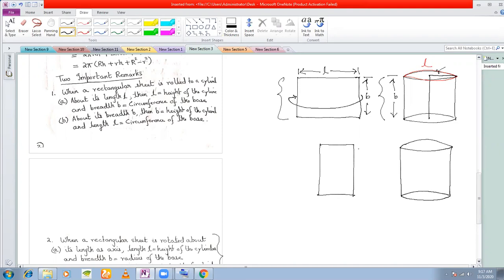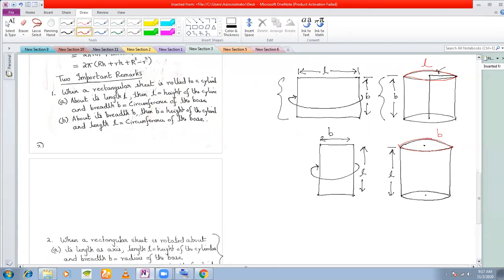Now I'm rolling this along the length. Then the length becomes the height. What about the breadth? It becomes the circumference of this part. This becomes L, this becomes B.